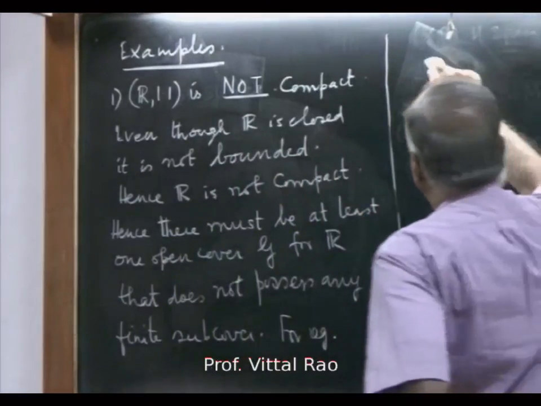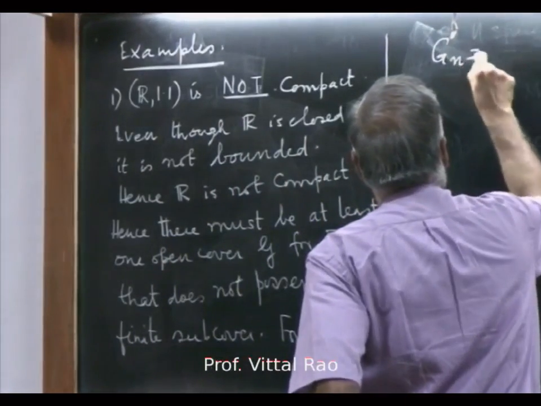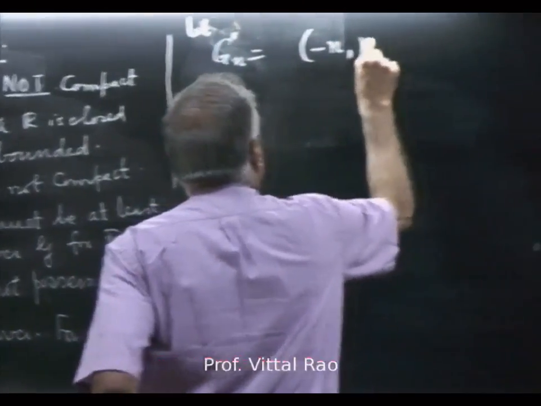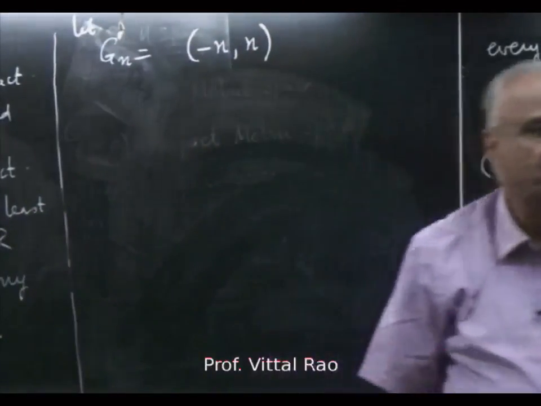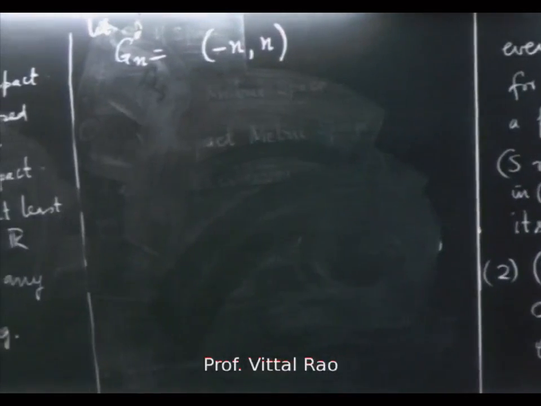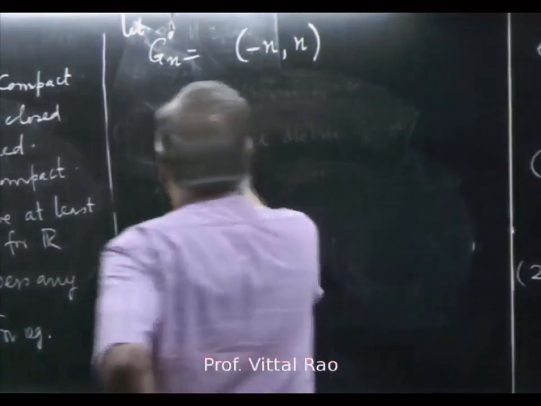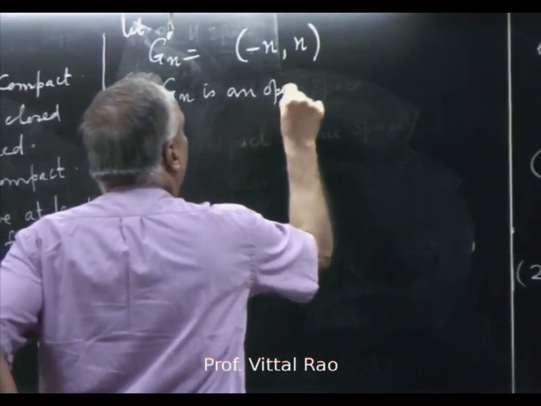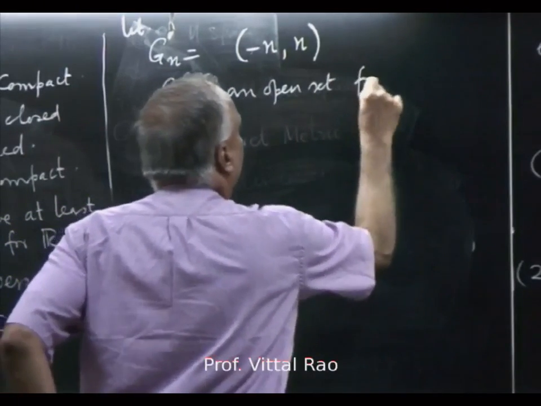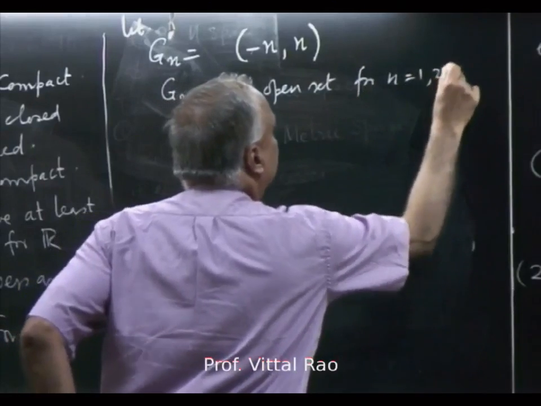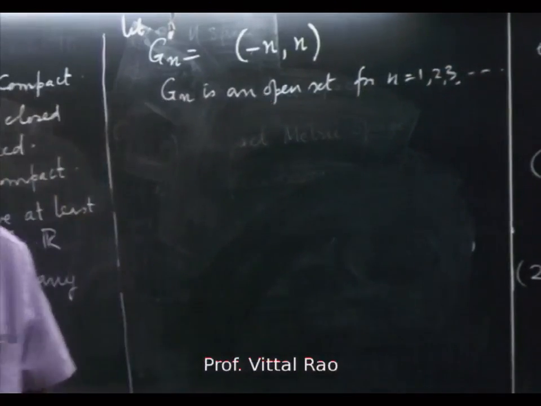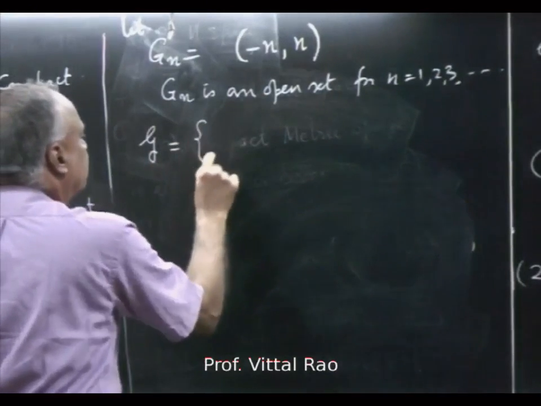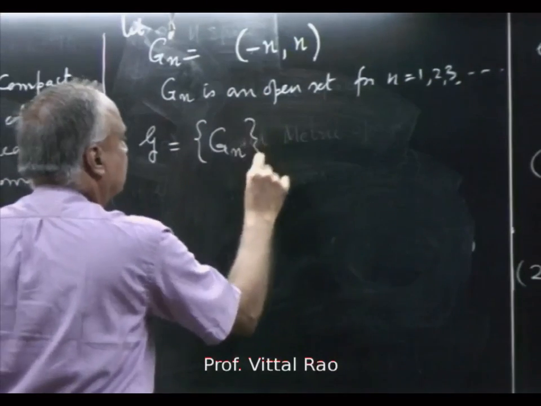So consider Gn to be the open interval minus n to n. Okay. So Gn is an open set for n equal to 1, 2, 3, etc. Now let G be the collection of all these Gn's.